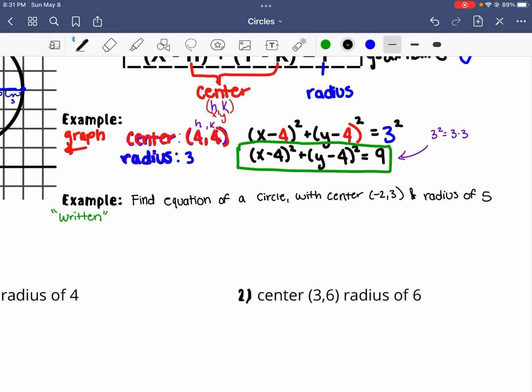All right, so again, for a circle, we need 2 pieces of information. The first one is the center, and the second one is the radius. So this should be pretty easy peasy, okay?